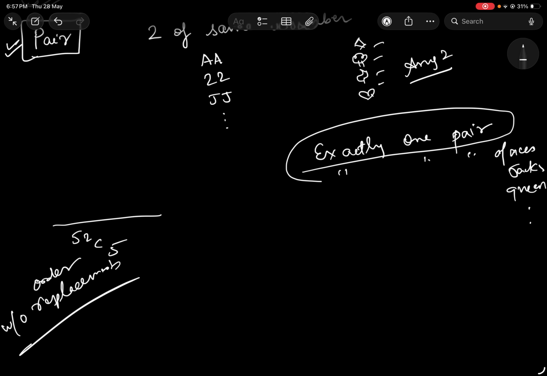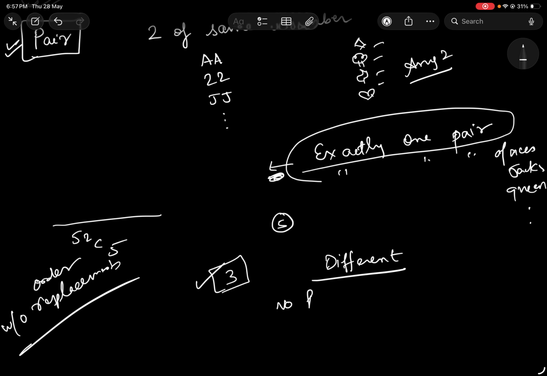It is exactly 1 pair. So I should get a pair of two numbers, and apart from that, the other 3 numbers, since we are picking up 5, should be different. So there should be no pair in the other 3 because we want exactly 1 pair.